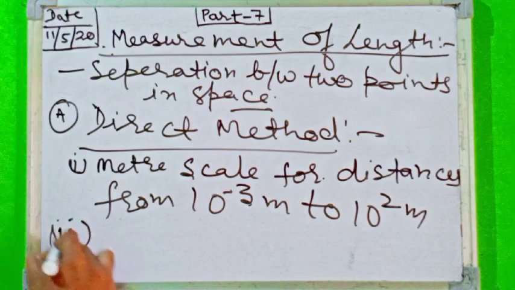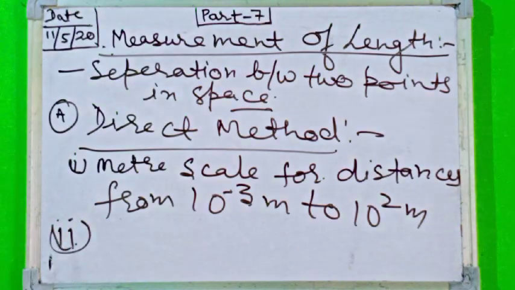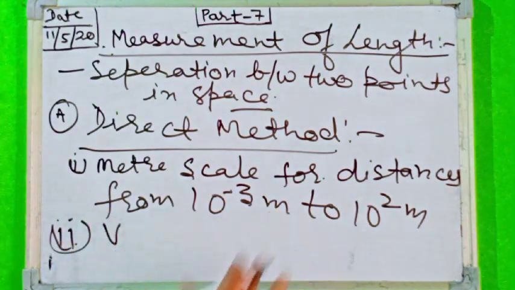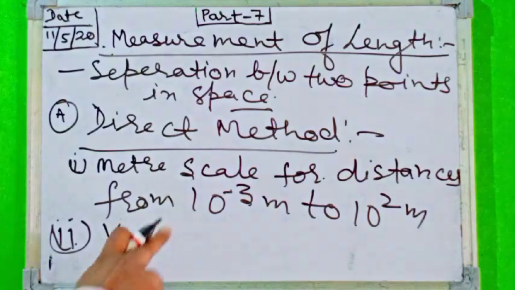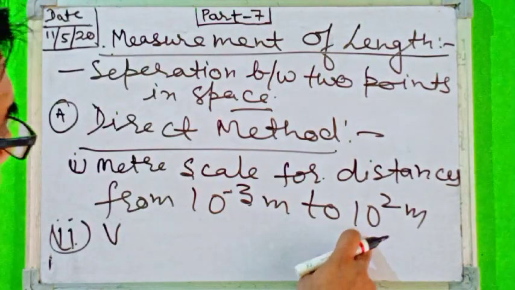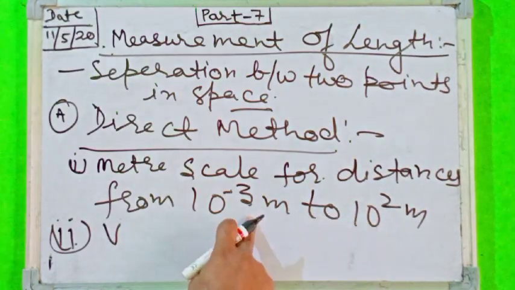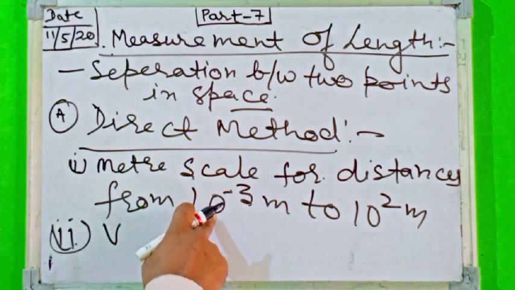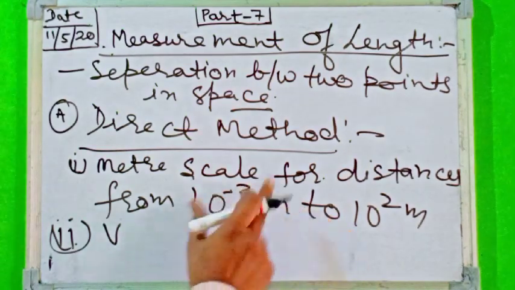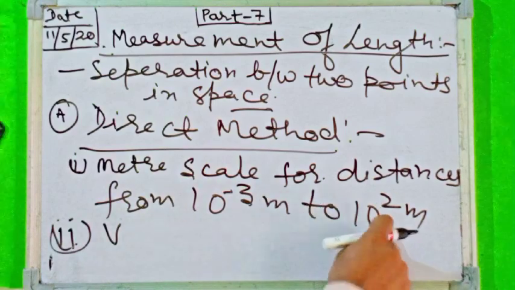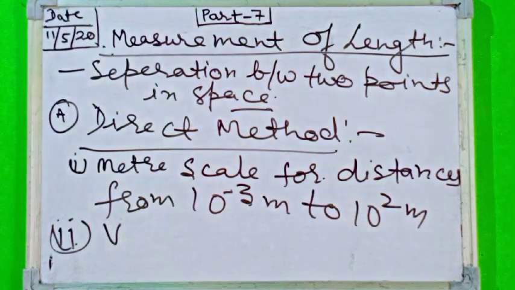Second one is vernier caliper. The distance from 0.001 meter, that is 1 millimeter, to 100 centimeter can be measured with the help of a meter scale.